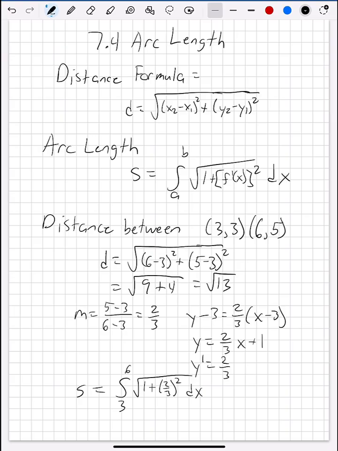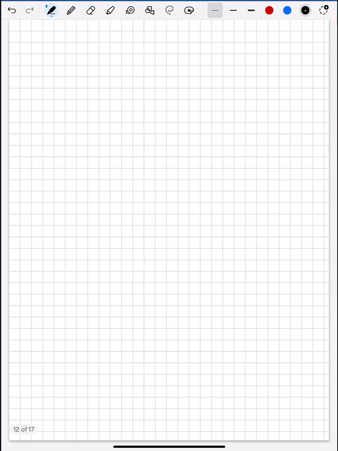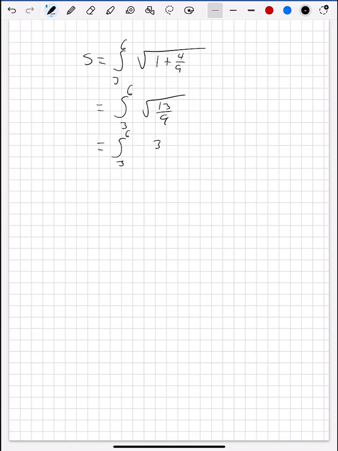I'm going to flip to the next page here. So I have the integral from 3 to 6 of the square root of 1 plus 4/9, which is the integral of the square root of 13/9, which is the integral of the square root of 13 over 3, with respect to x.